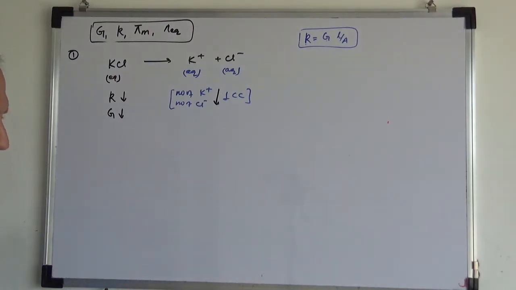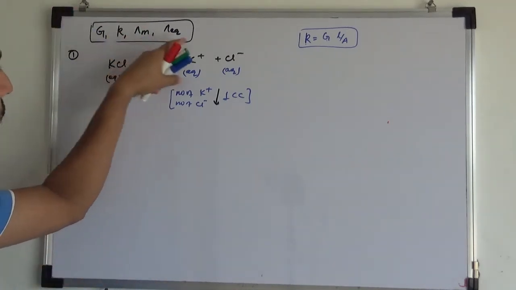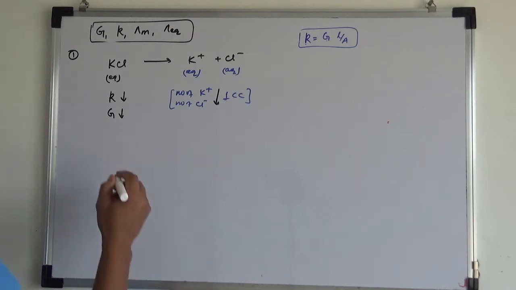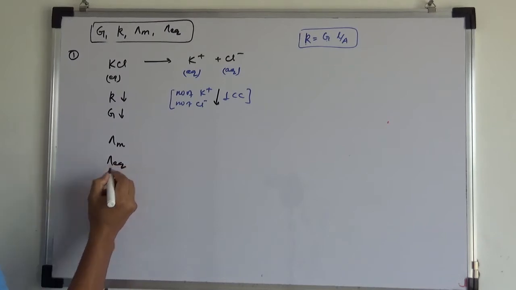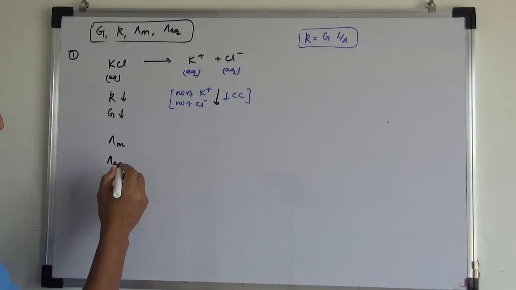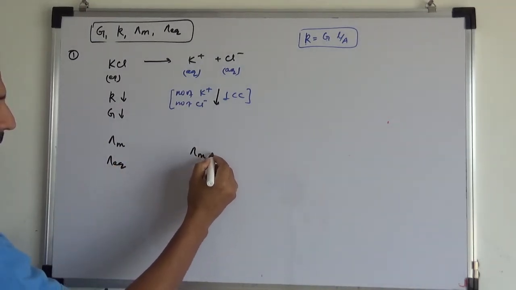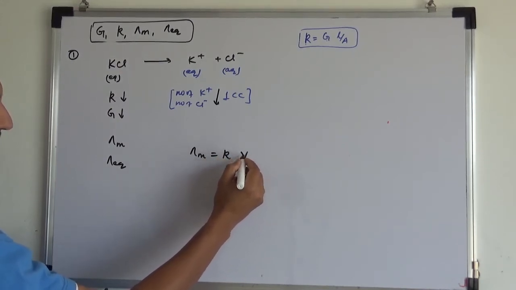Now what happens to molar conductivity and equivalent conductivity? Here, molar conductivity is K, specific conductivity, into volume.